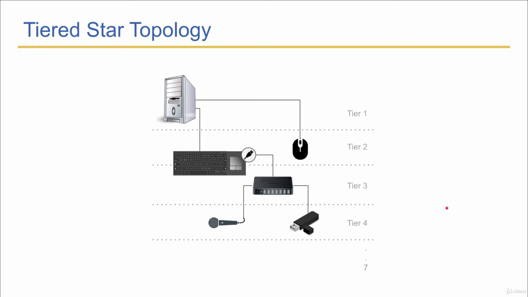Now, to continue talking about this figure, I want to introduce a new term, USB function. If a USB device does multiple jobs, then we say this USB device has multiple functions. And this keyboard here is a very good example for that.